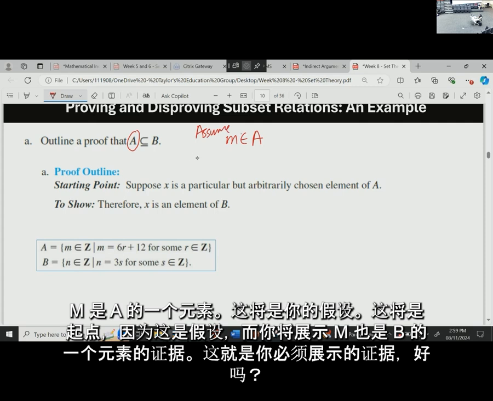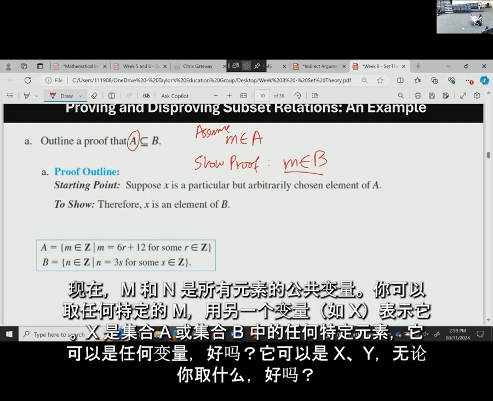And what you will show the proof of is that M is also an element of B. This is what you have to show the proof of. Okay. Now M and N are the common variable for all the elements.